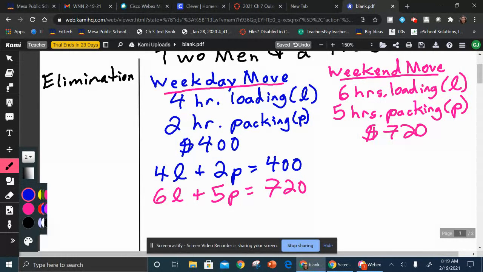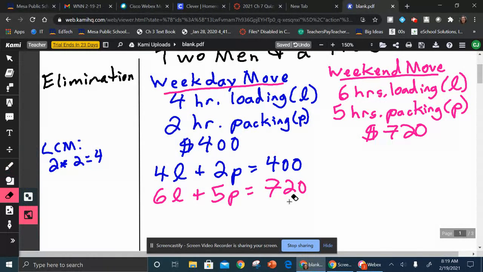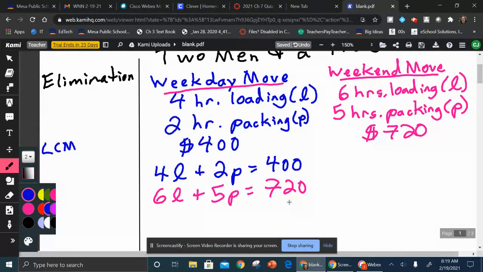So we also need to figure out, for each one, the least common multiple, right? Sorry everybody, let me back up.